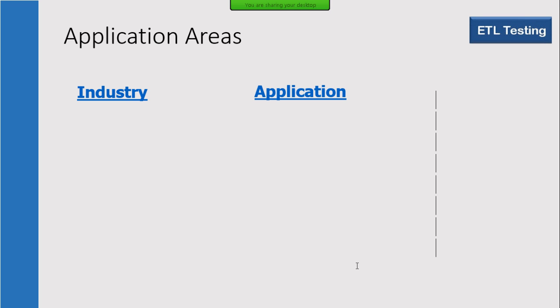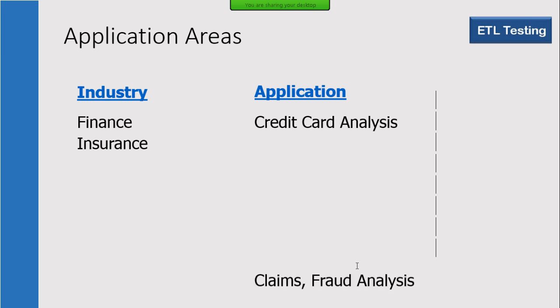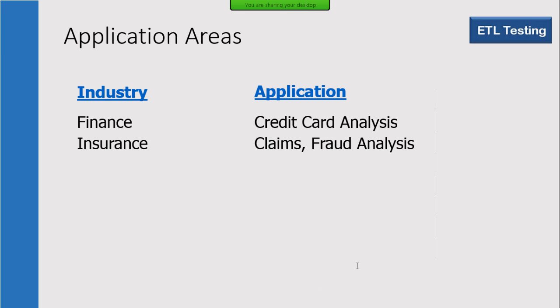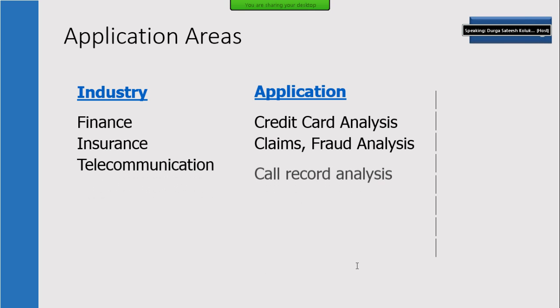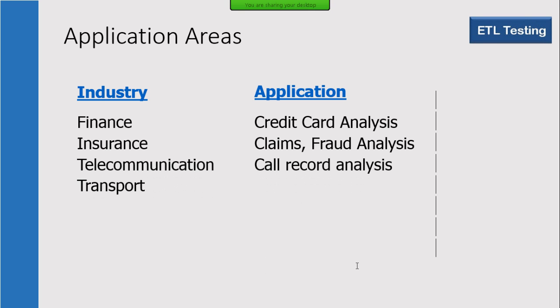And where do you see this particular warehouse? You see it everywhere. In finance, the kind of application that best suits is credit card analysis. It's just an example; there are other analyses as well. In insurance, you have claims and fraud analysis. Telecommunications has call record analysis.